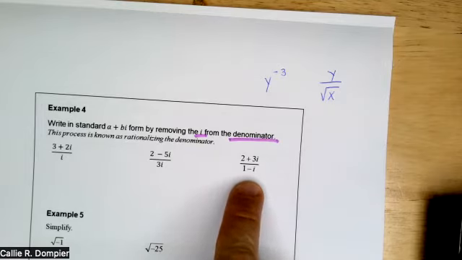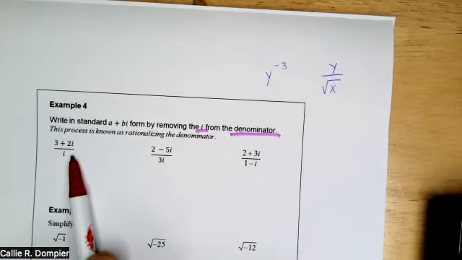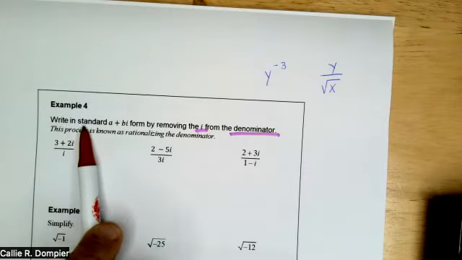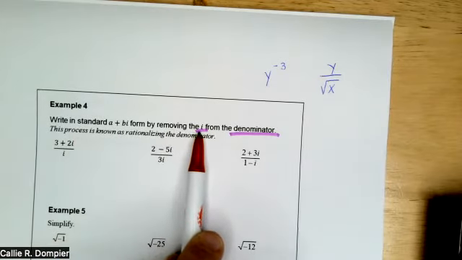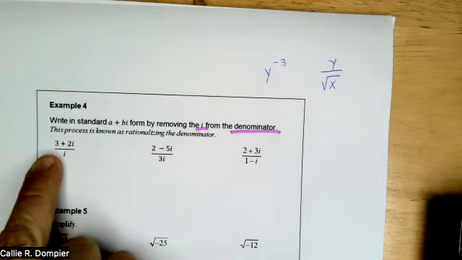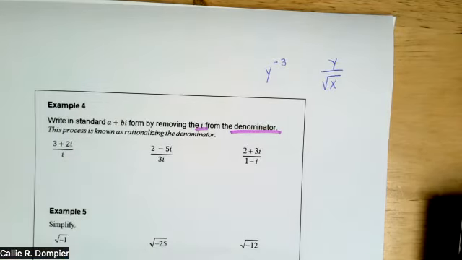So I'm going to come back to page 3 and we're going to do this for a second. We want to take this fraction and put it in a more standard a plus bi form by ensuring that there are no i's in the denominator, no imaginary terms in the denominator. Here we have 3 plus 2i quantity divided by i.